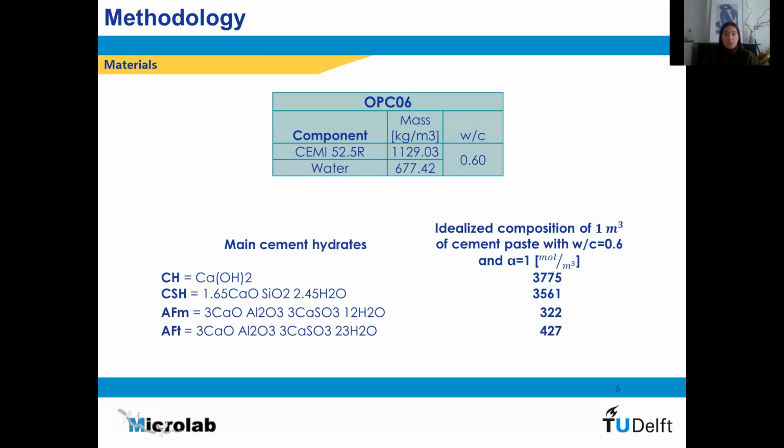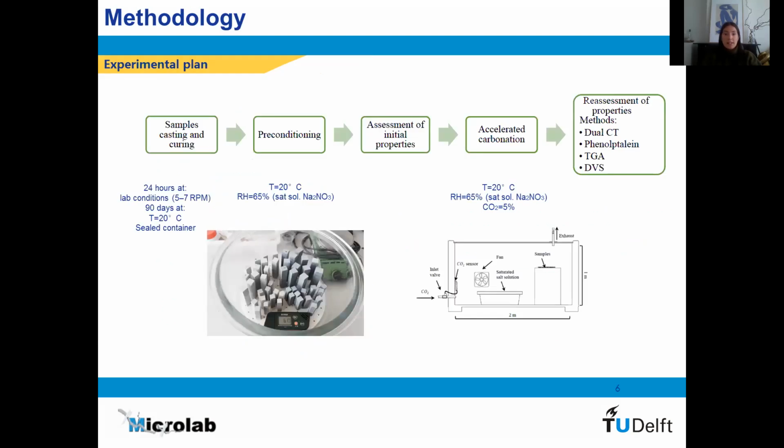I would like to talk a little bit about the methodology that we used. We perform all the experiments in a cement paste with a water cement ratio of 0.6. First, we cast the samples and cure them for around 90 days in sealed conditions. Then we precondition the samples at a temperature of 20 degrees and a relative humidity of 65%, which we would later use as well, same conditions for the accelerated carbonation conditioning.